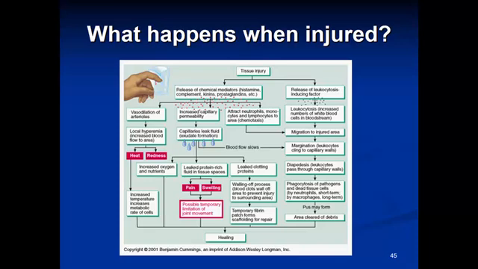So what happens when you're injured? We'll talk about this a little bit more in the next section as well, but one of the first things that happens is chemicals are released to induce inflammation. And the capillaries start to constrict if they were poked, and they dilate if they were not, so it brings more blood nearby, but that won't happen if the capillary was broken.